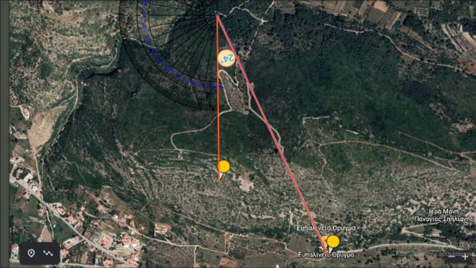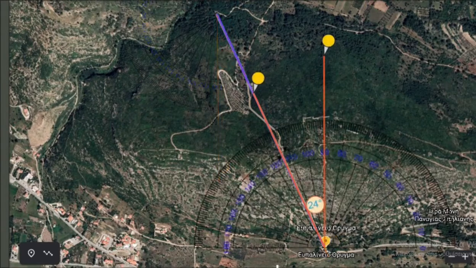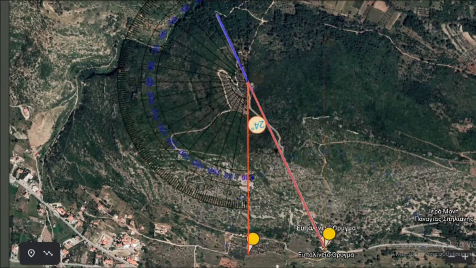Last example for this video, since it is most certain that if you search several other sites you will find some solar alignment, is the Eupalinian Aqueduct. A look at the path the tunnel has from above makes a person wonder if there is an alignment. There is, but it was done initially, at the beginning of the construction.